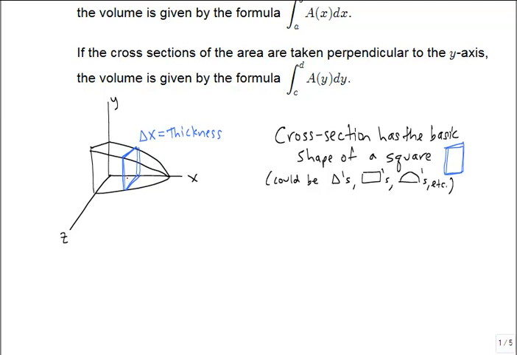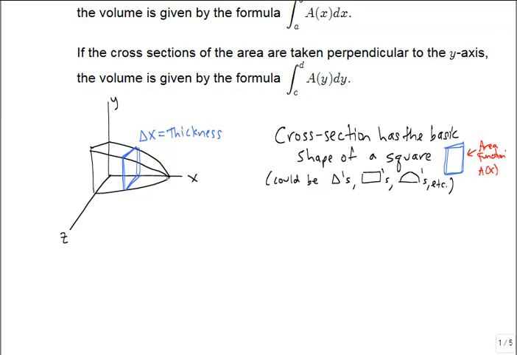Now this particular cross section has the shape of a square, and a lot of the problems that we're going to do today will be squares as well. So we'll need to find out what the area of this square happens to be. And whatever that area formula turns out to be is going to be called our area function. And that's going to be what we use for our A of x.